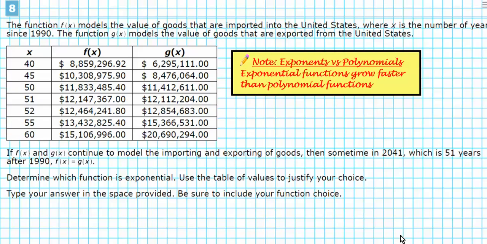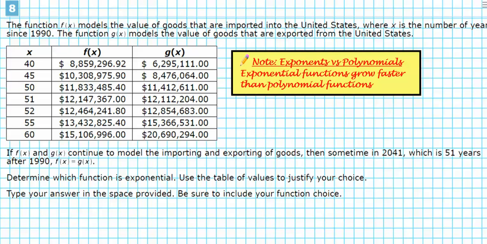All right, let's take a look at question number 8. It says the function f of x models the value of goods that are imported into the United States, where x is the number of years since 1990. The function g of x models the value of goods that are exported from the United States. So f is imports and g of x is exports.